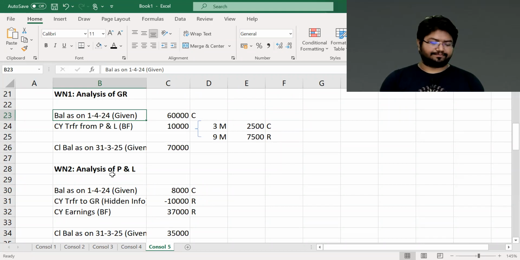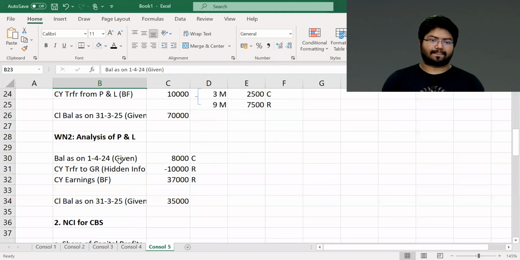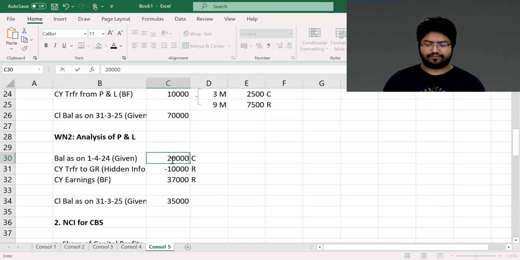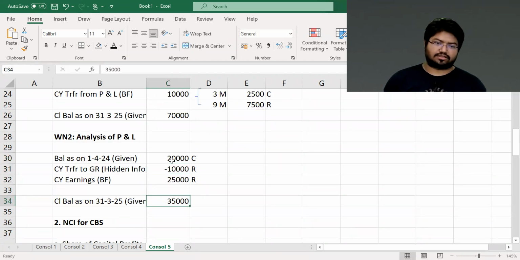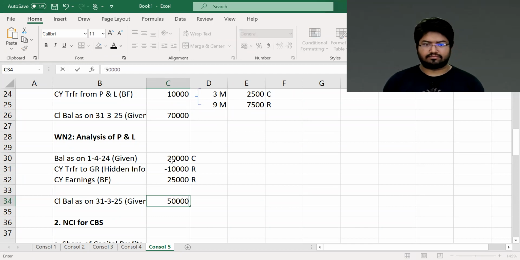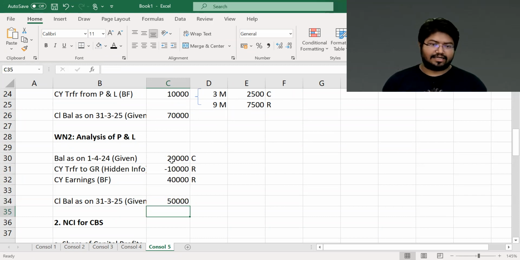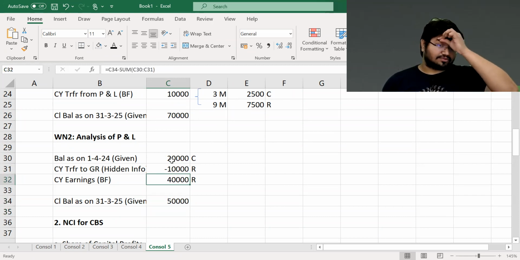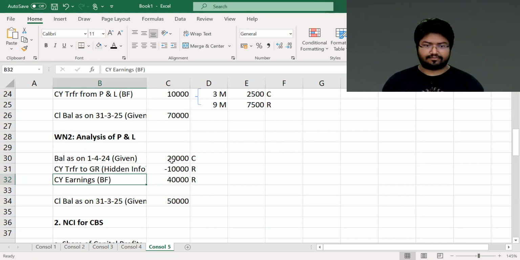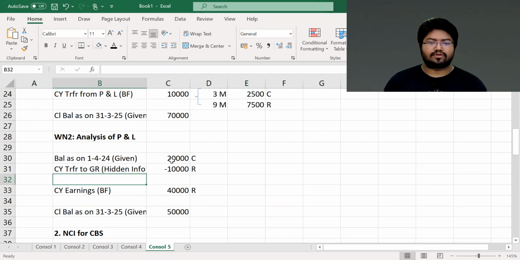Analysis of P&L. Opening balance on 1/4/24 is given, which is 20,000. This goes to C side only. Closing balance is also given to us, which is 50,000. And 10,000 is what's transferred during the period from P&L to general reserve.